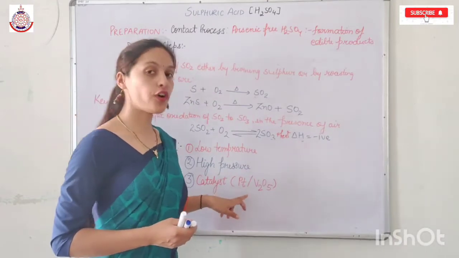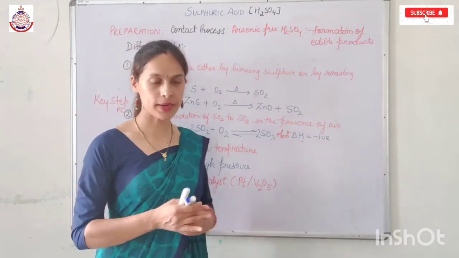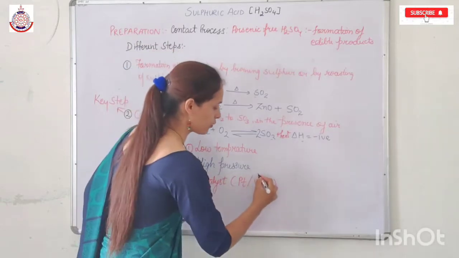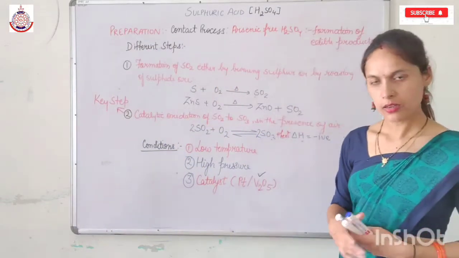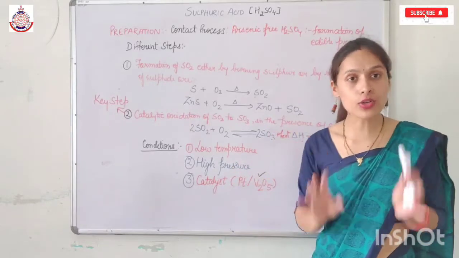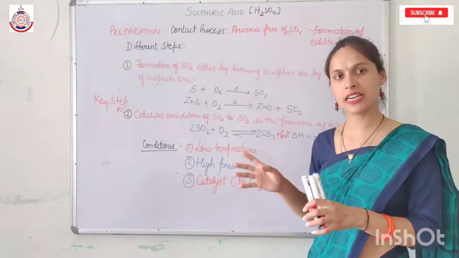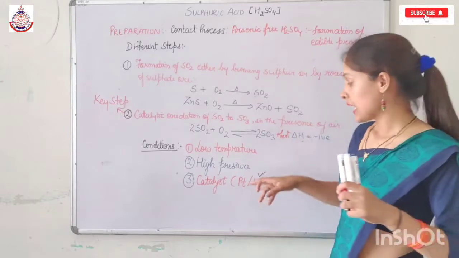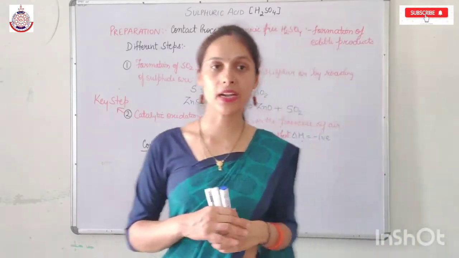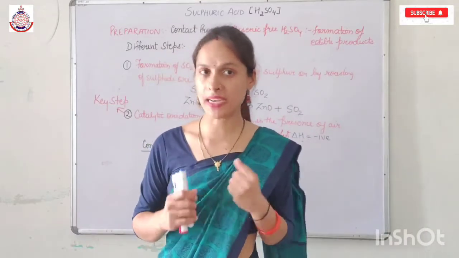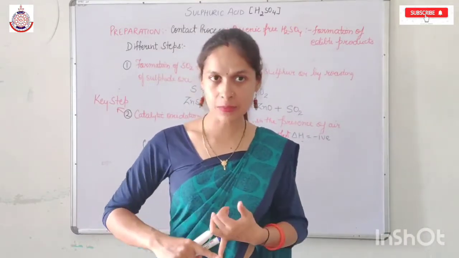But out of platinum and vanadium pentoxide, we prefer vanadium pentoxide as the catalyst. Clear? Both are good catalysts and both enhance the rate of the reaction, but if we have a choice between them, we choose vanadium pentoxide. Now, what is the reason behind this?